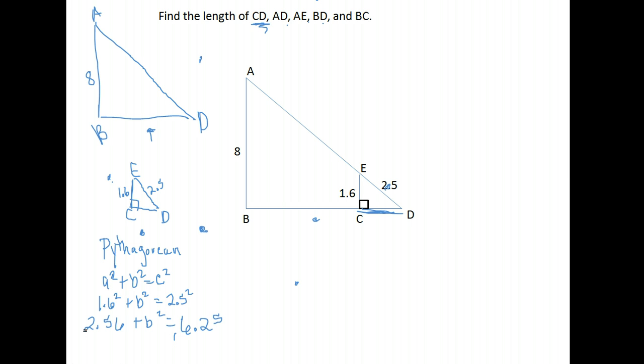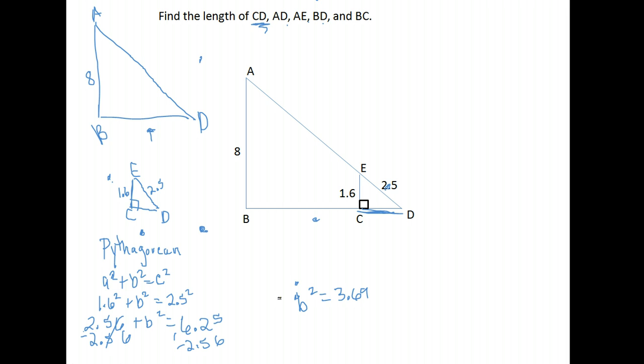And we solve from there. Let's subtract 2.56 from both sides. When I do that, I end up with b squared equals 3.69.